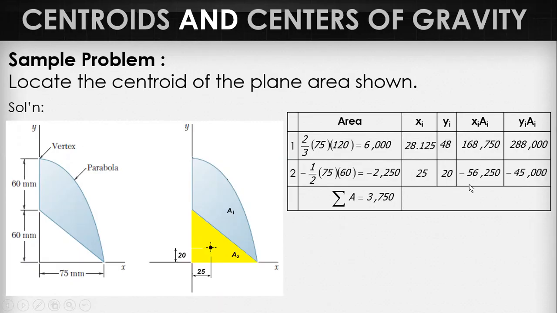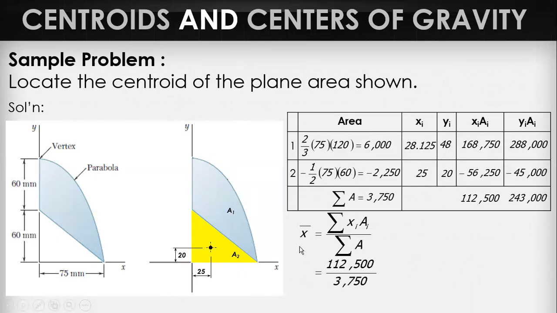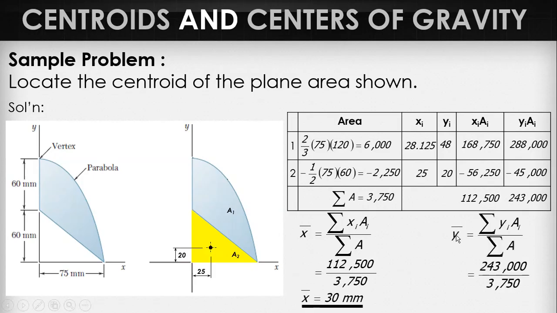And then you add, and also this one. So next, we are now ready to locate the centroid. X bar is 30 millimeters and Y bar is 64.8.